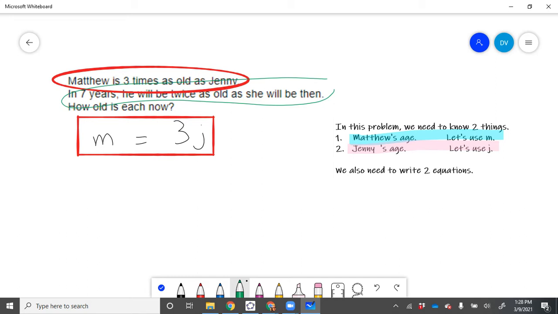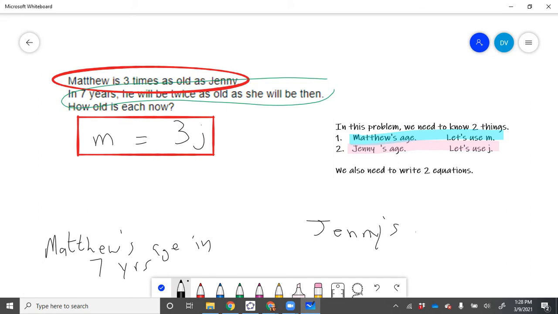So what we're going to need to express here is Matt's age in 7 years, and Jenny's age in 7 years. Matt's age in 7 years will be M plus 7. Jenny's age in 7 years will be J plus 7.